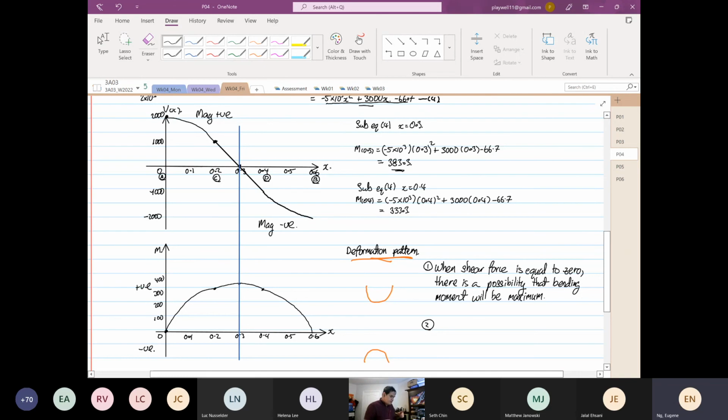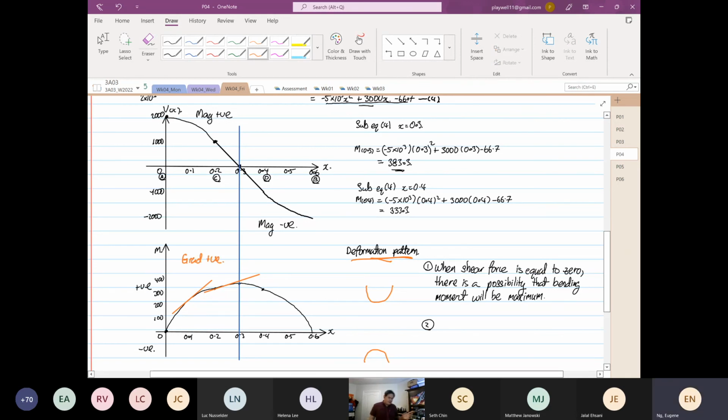If you look at the bending moment diagram, the tangent at any point, if I would draw a tangent, the gradient is positive.